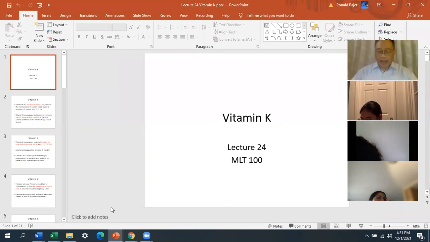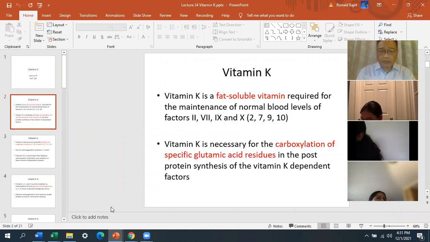Okay, vitamin K. Vitamin K made in the liver, 2, 7, 9, 10, vitamin K dependent factors. Okay, vitamin K is a fat soluble vitamin, and it's required for the maintenance of normal blood levels of the factors 2, 7, 9, and 10. Now, vitamin K is necessary for the carboxylation of specific glutamic acid residues.